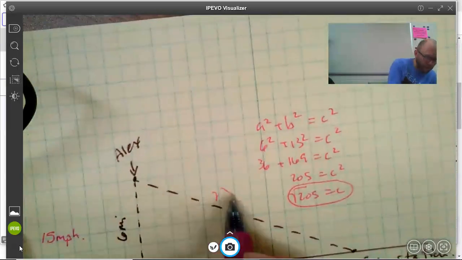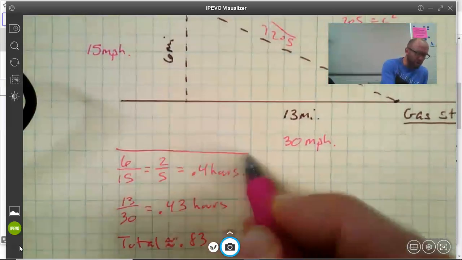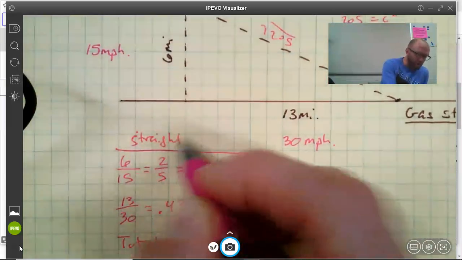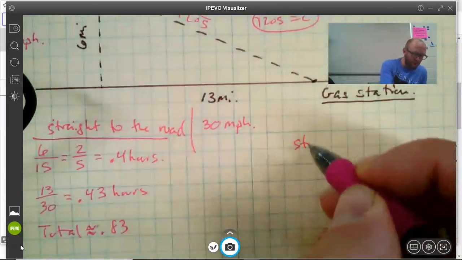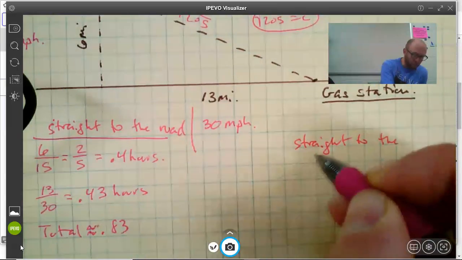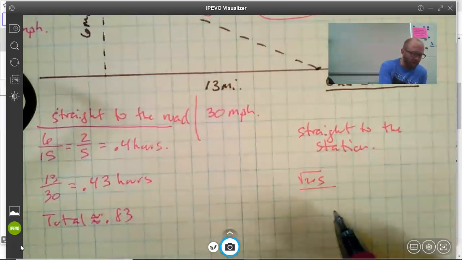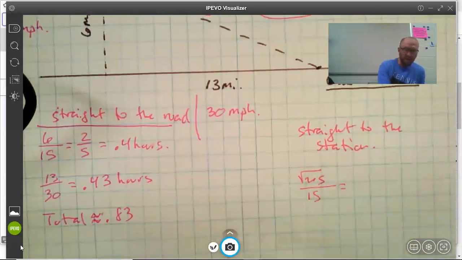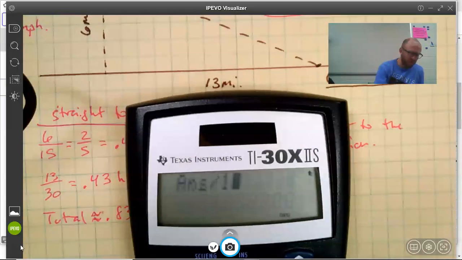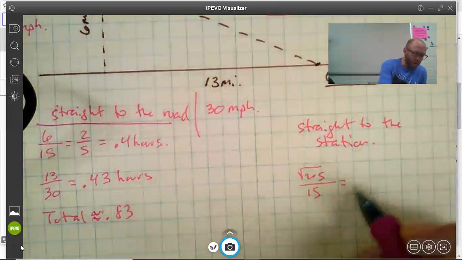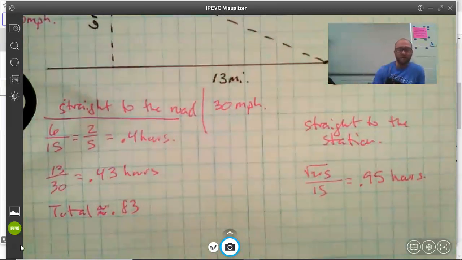So this was our straight to the road method, and over here is our straight to the station method. The square root of 205 divided by 15 miles per hour, because that's how fast he goes the whole way, gives us 0.95 hours. So pretty clearly, driving straight to the road is going to save him a little bit of time.